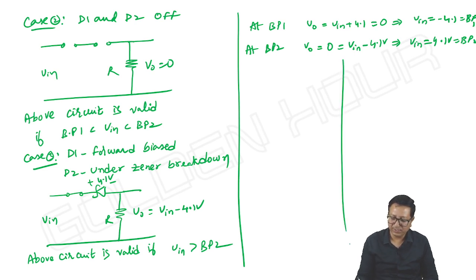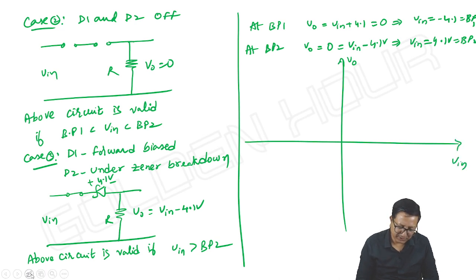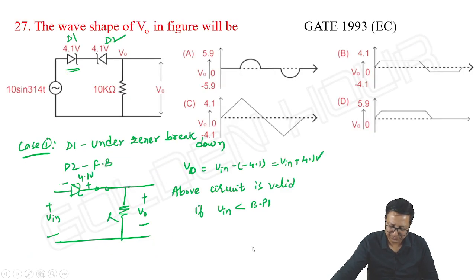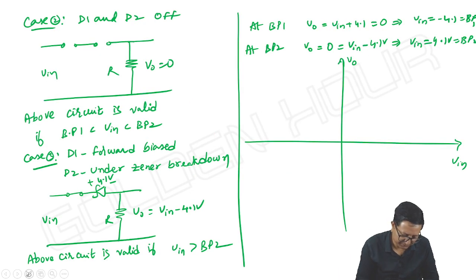Now, let us draw its transfer characteristics. One equation, output is equal to input plus 4.1.